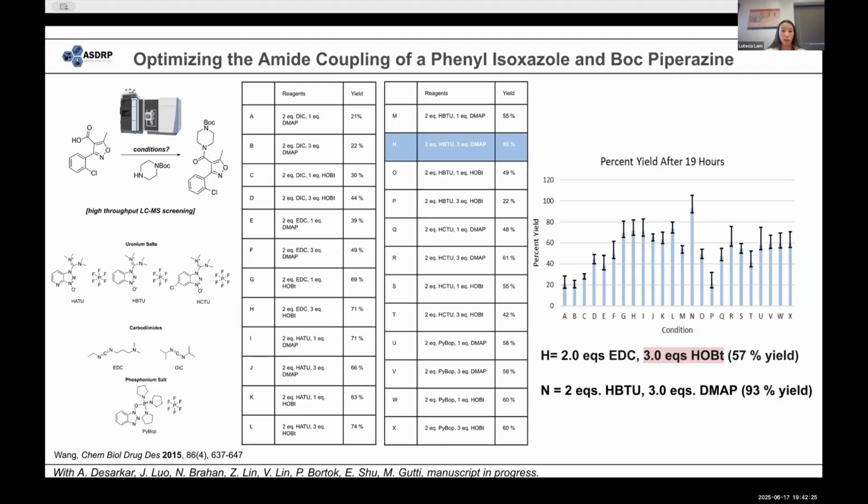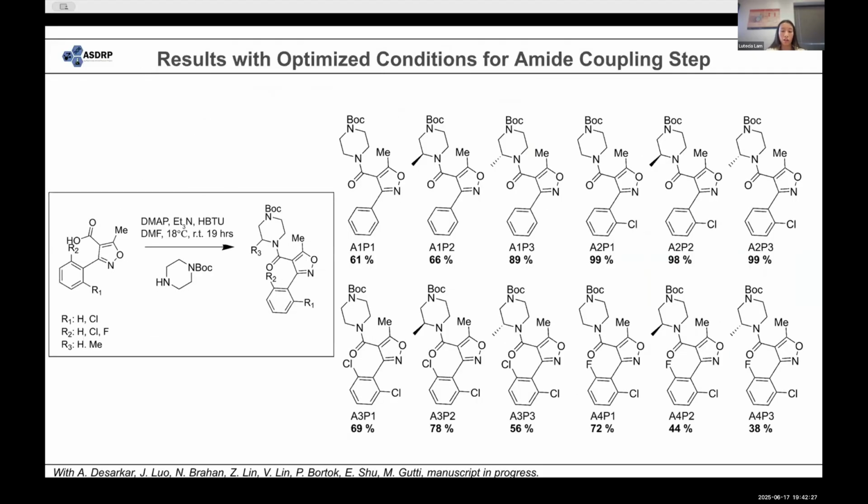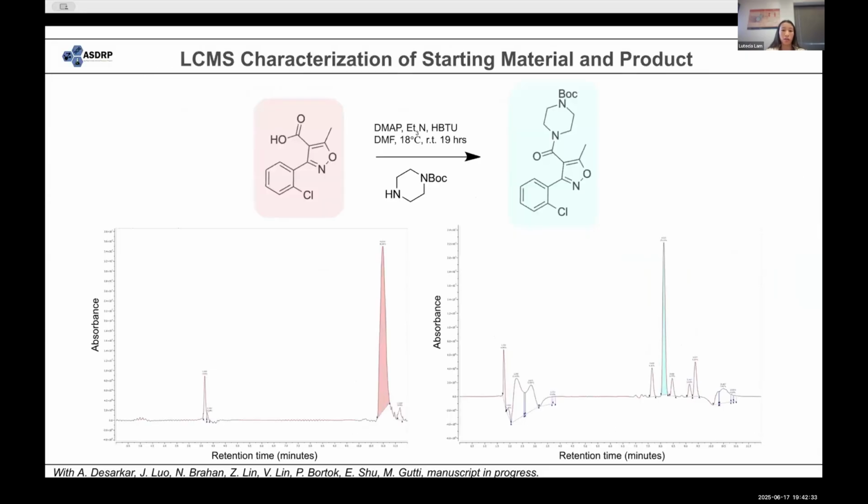And so we applied these conditions to all 12 of our analogs, and we saw an overall increase in yield. And we were able to track this through use of the LCMS, liquid chromatography mass spectrometry, where the red peak corresponds to our starting material, and the blue peak corresponds to the product.